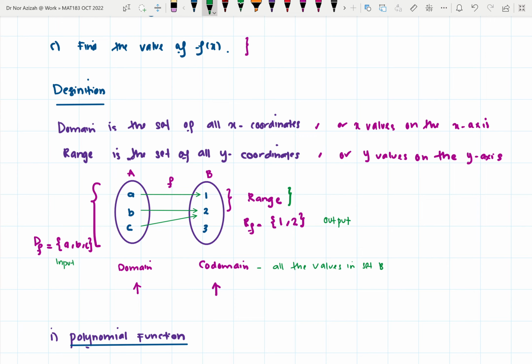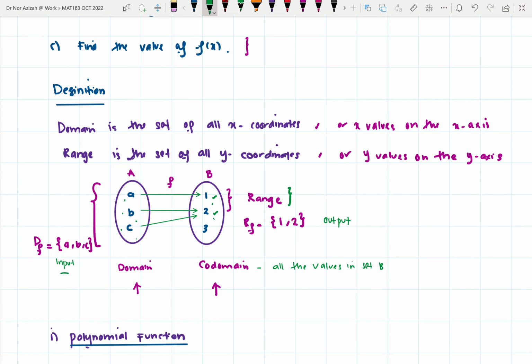input and output. Okay, so based on this, A is mapped to 1, B is mapped to 2, C is mapped to 2. Okay, so the domain here, or the input here, are A, B, C, and then the range or image is only 1 and 2.